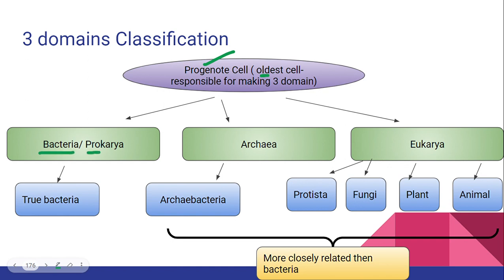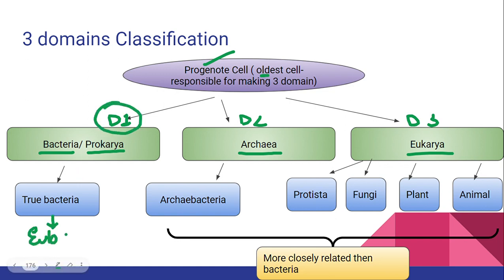So the three domain system are, first one is the bacteria or prokarya, second one is your archaea, and third one is eukarya. So this is domain 1, this is domain 2, and this one is domain 3. When we talk about domain 1, true bacteria are present. That means, for example, eubacteria are present in this domain. When we talk about the archaea domain, then archaea bacteria are the ones classified under archaea.